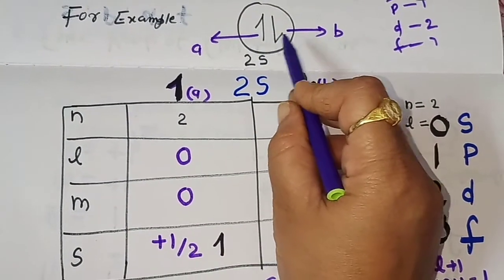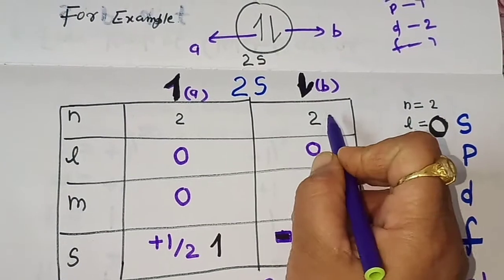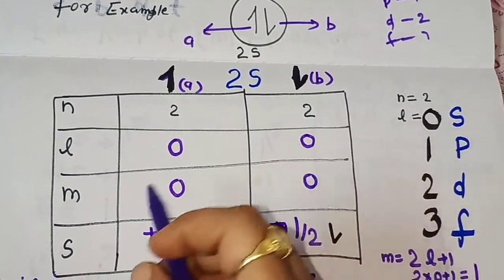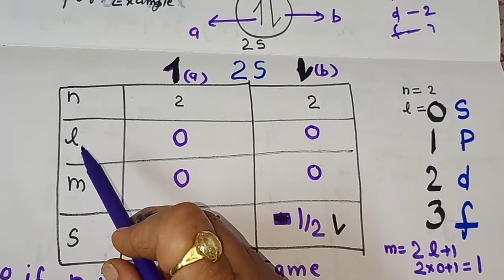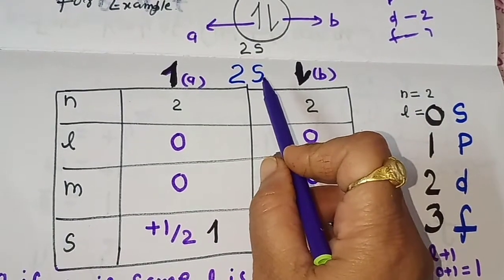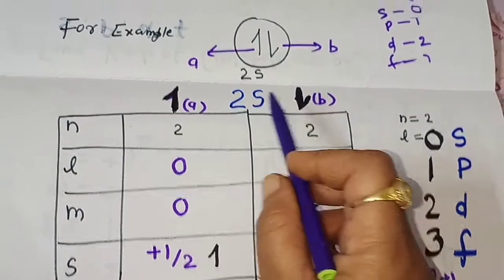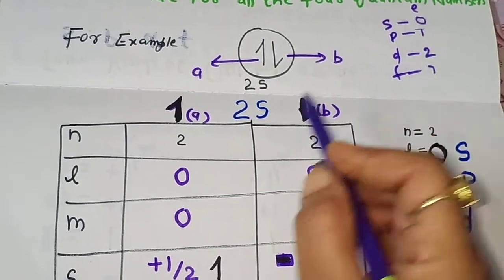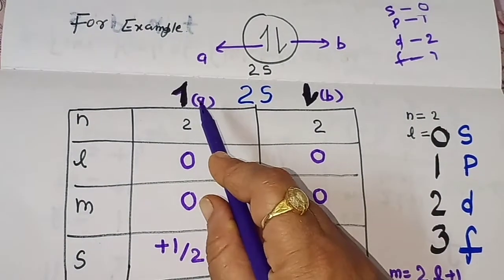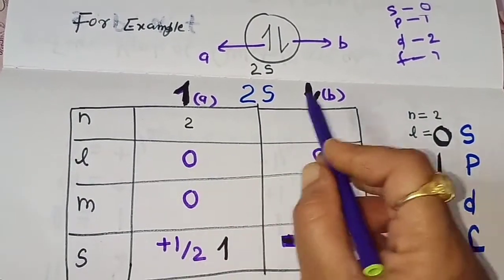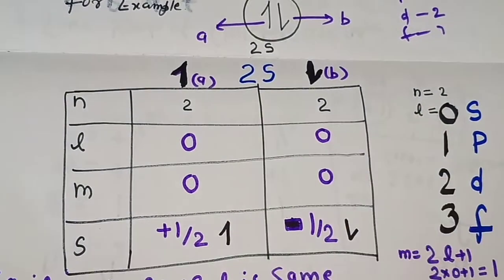Similarly, electron B is also in the 2s box, so for it also n is 2. Now tell me what will be L here? As it is a 2s orbital, L is equal to 0 for s. So for electron A, L is equal to 0, and for electron B also, L is equal to 0.